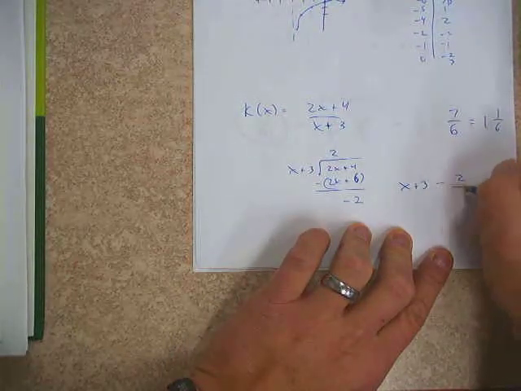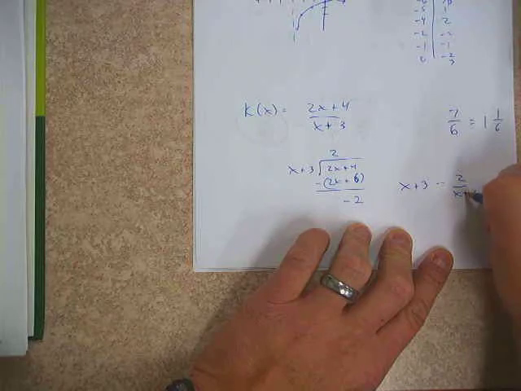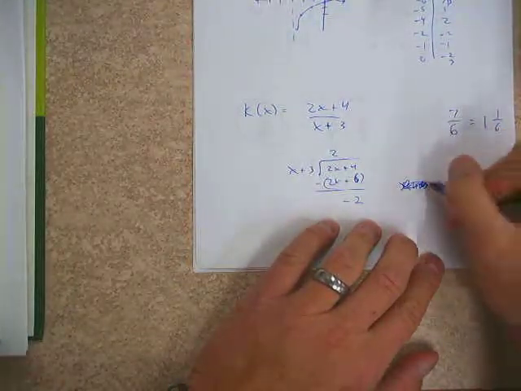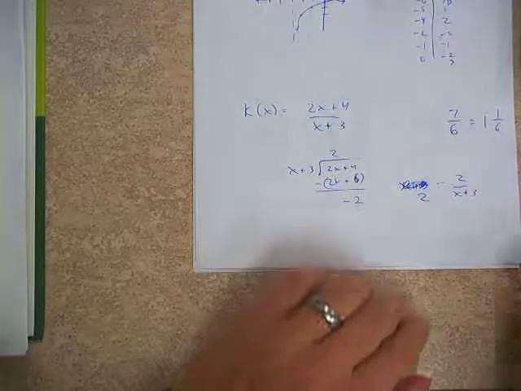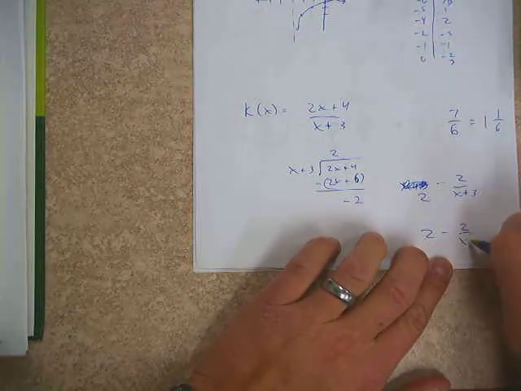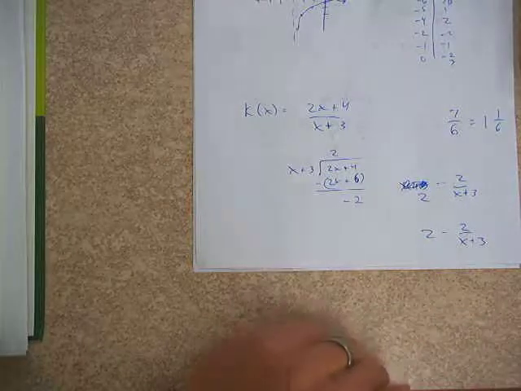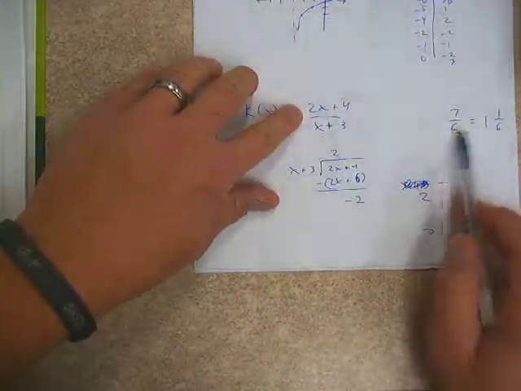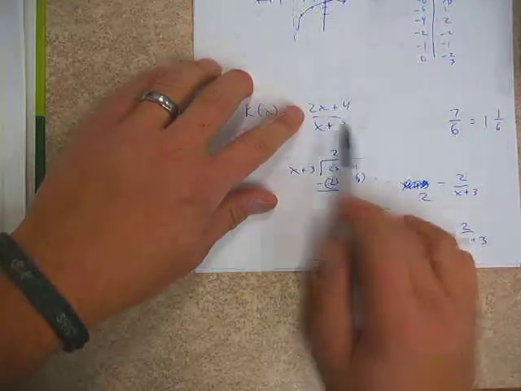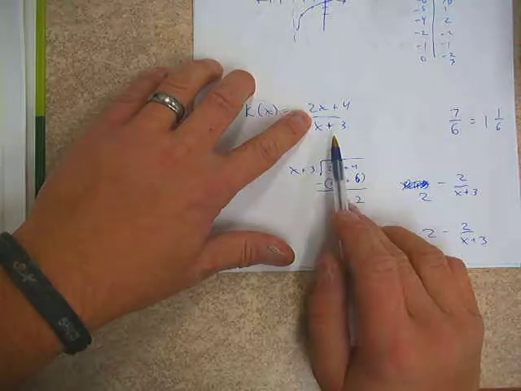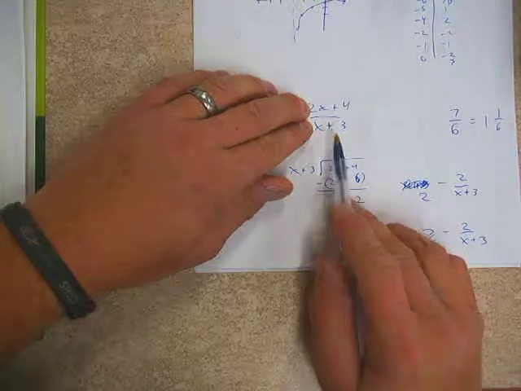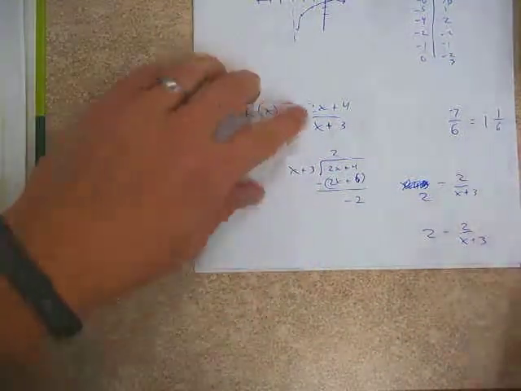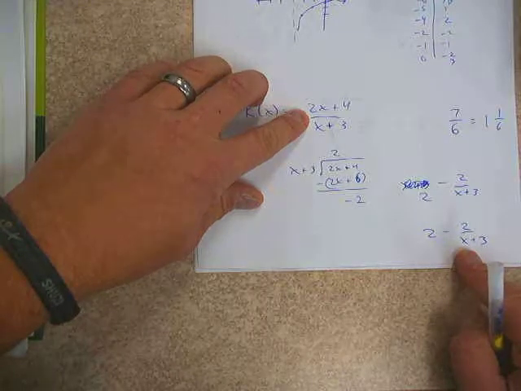I would parenthesis and subtract, and I'd get 4 minus 6 would be negative 2. And I'd be done with the division at that point because we have our remainder with a degree less than the divisor. So as an improper fraction, it's this. As a mixed number, if you will, it's going to be x plus 3, and then minus 2 over x plus 3. Oops, I lied. Quotient, sorry. It's going to be 2 minus 2 over x plus 3.